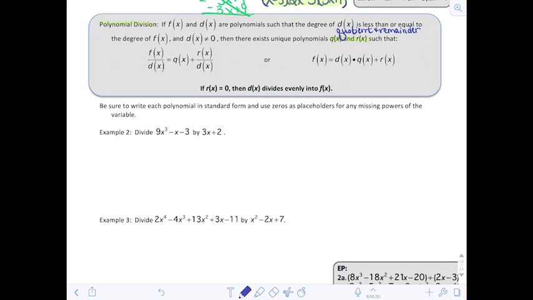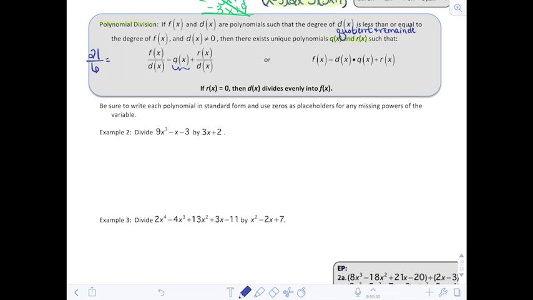So let's put some numbers with this. Let's say I have 21 divided by 6. Actually, let me move that down a little bit. Give myself some more room. 21 divided by 6. So that's going to equal the quotient plus the remainder over the divisor.